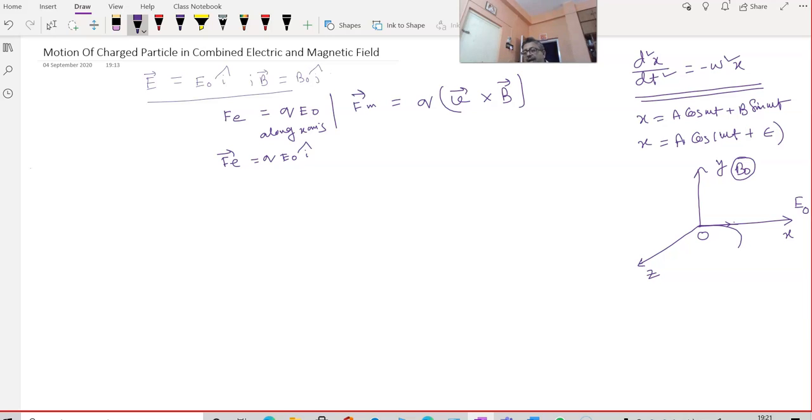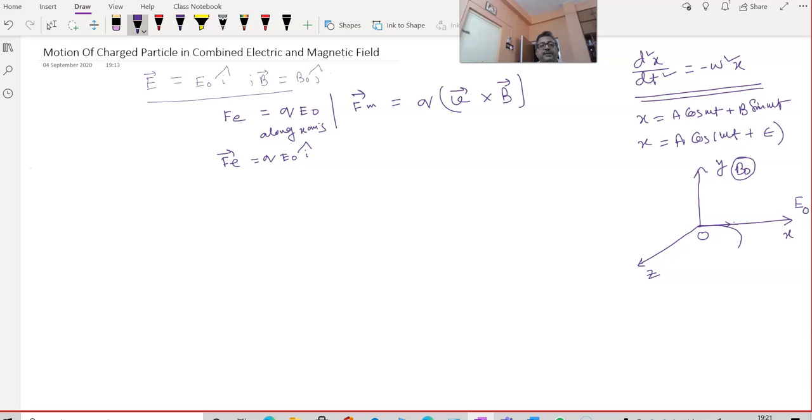We'll assume that velocity will lie in the xz plane only, not along the direction of y, because this deviation will be in the xz plane. The particle has electric force acting along x-axis only. So let us start the problem in this manner.